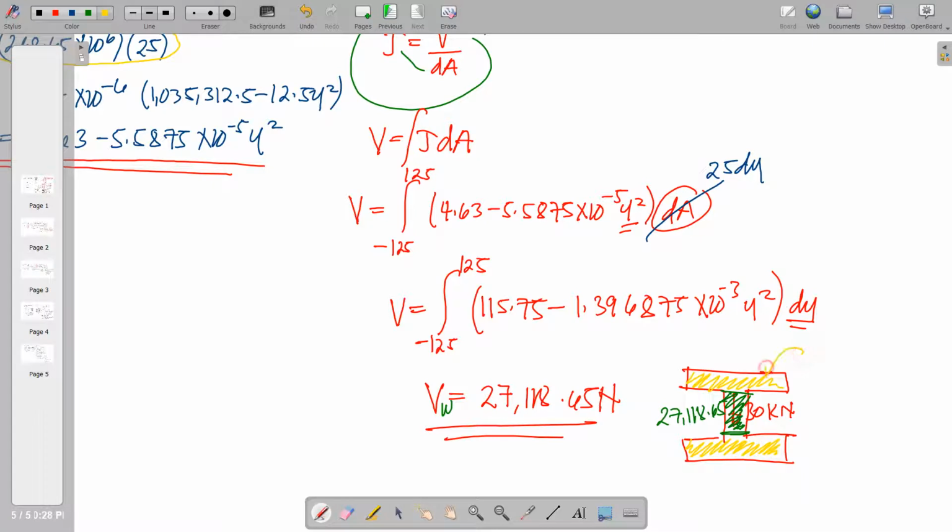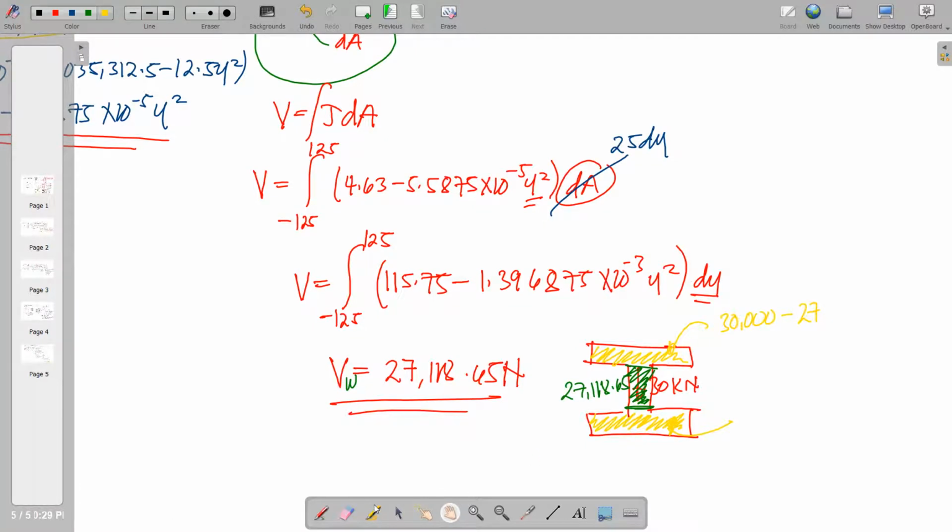Okay, so basically, the share of the flange is 30,000 minus 27,118.65 all over 2. So they have a similar share of 1,440.68.